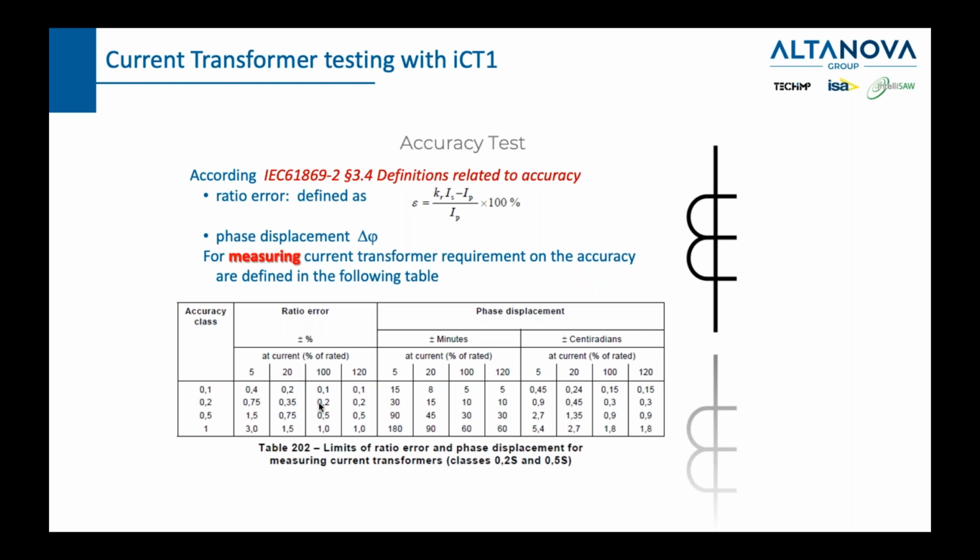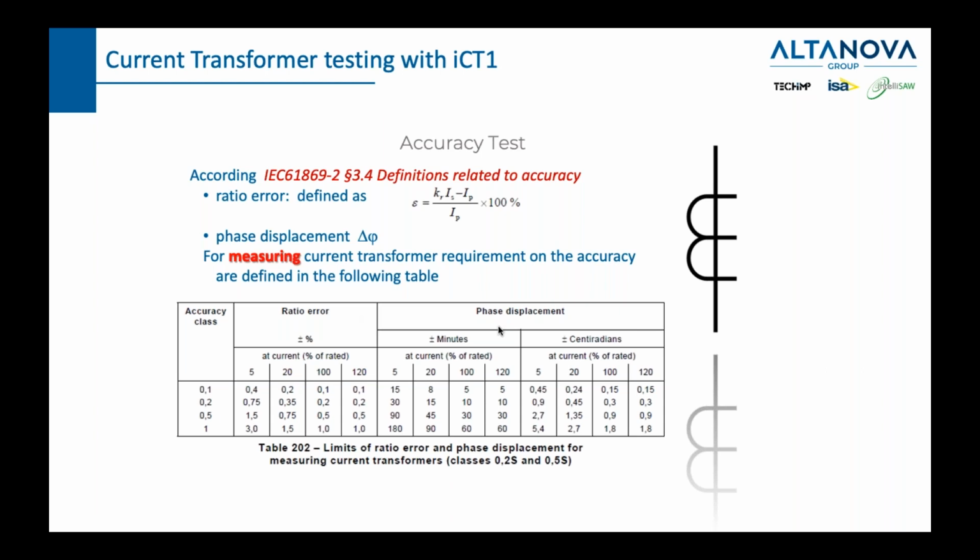So what we do with our device, we simulate different loads, because the loads, according to IEC 61869, had to be 5, 20, 100, and 120. Of course, a user can choose any load he wants, and then we also do the verification not just of ratio but also of phase displacement.